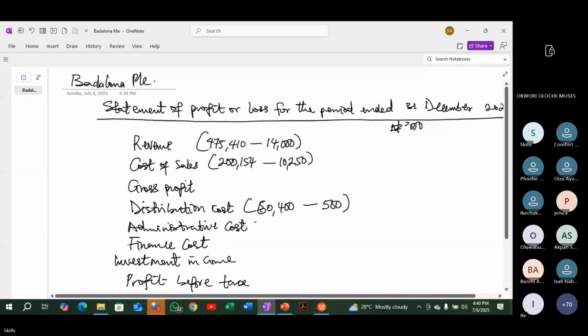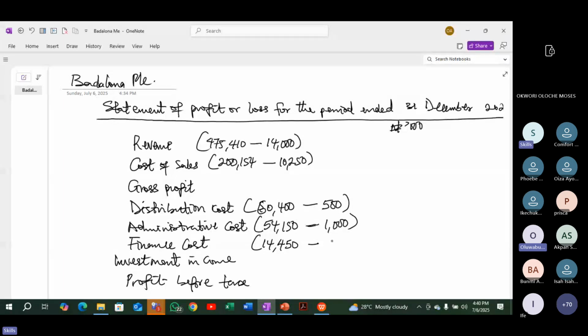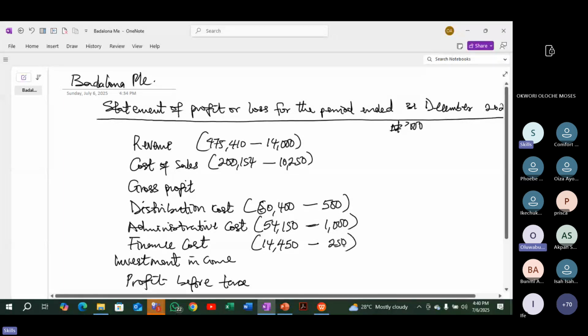Admin is 54,150. For discontinuing, 1,000. Finance cost, 14,450. For discontinuing, 250.